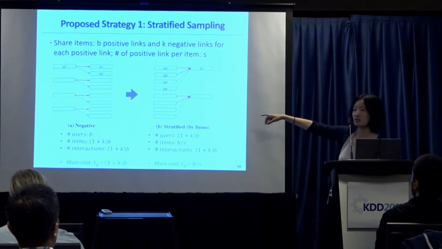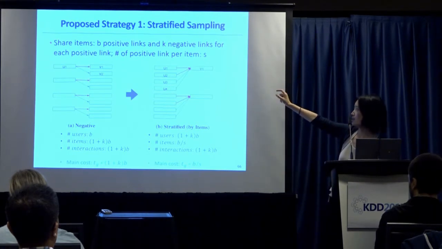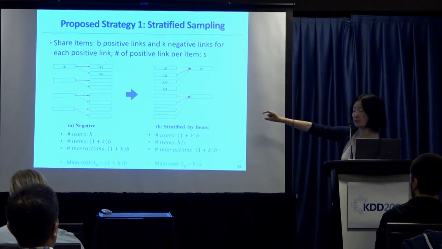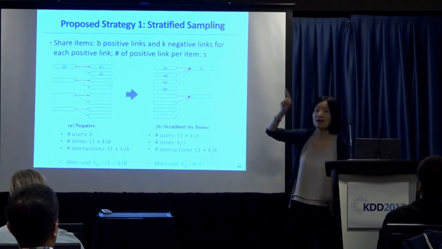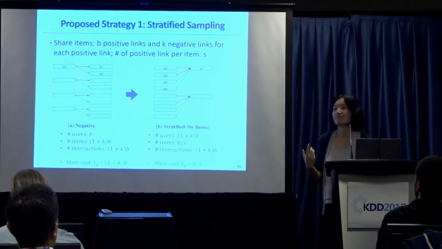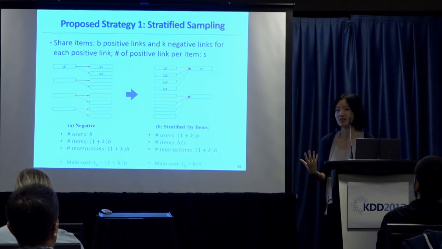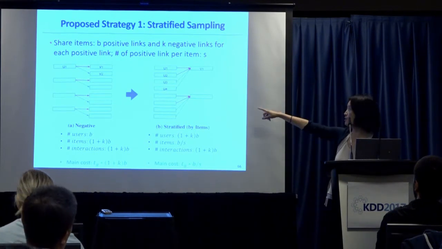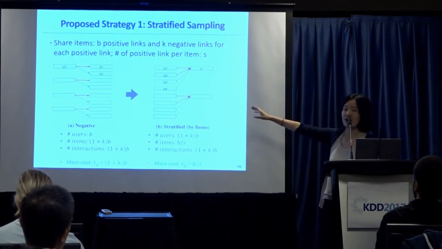So in this case, we group by items, and then again we sample B positive links. And we do a trick: for each item, we sample S positive links. So in order to have B positive links here, how many items do we need?